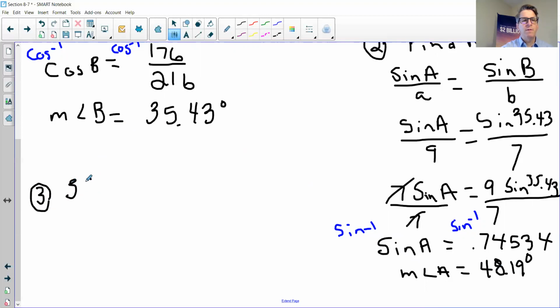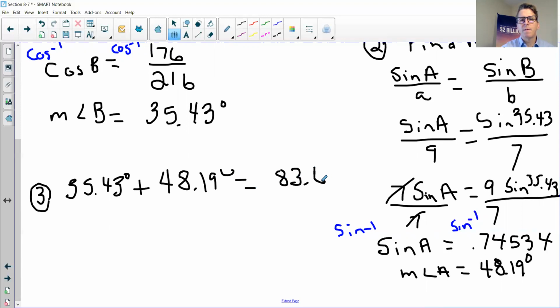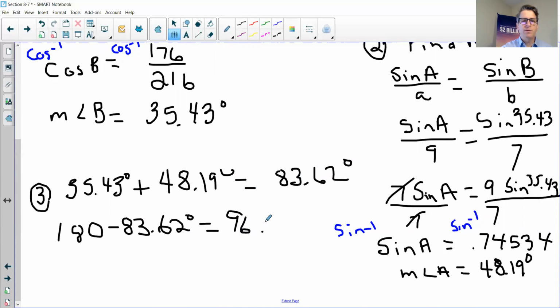So 35.43 degrees plus 48.19 degrees is 83.62. Then 180 minus 83.62 is equal to 96.38 degrees, and that would be the measure of angle C.